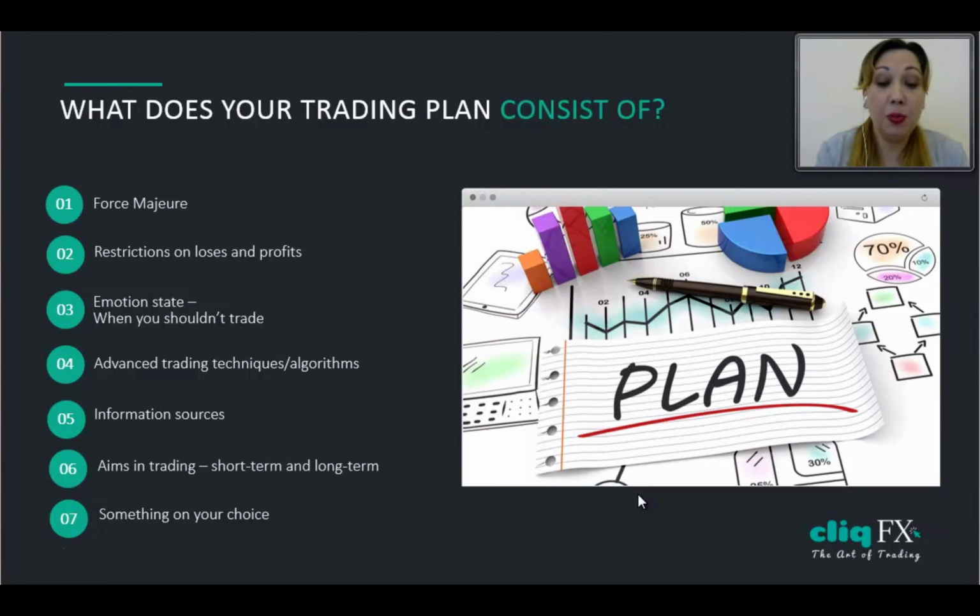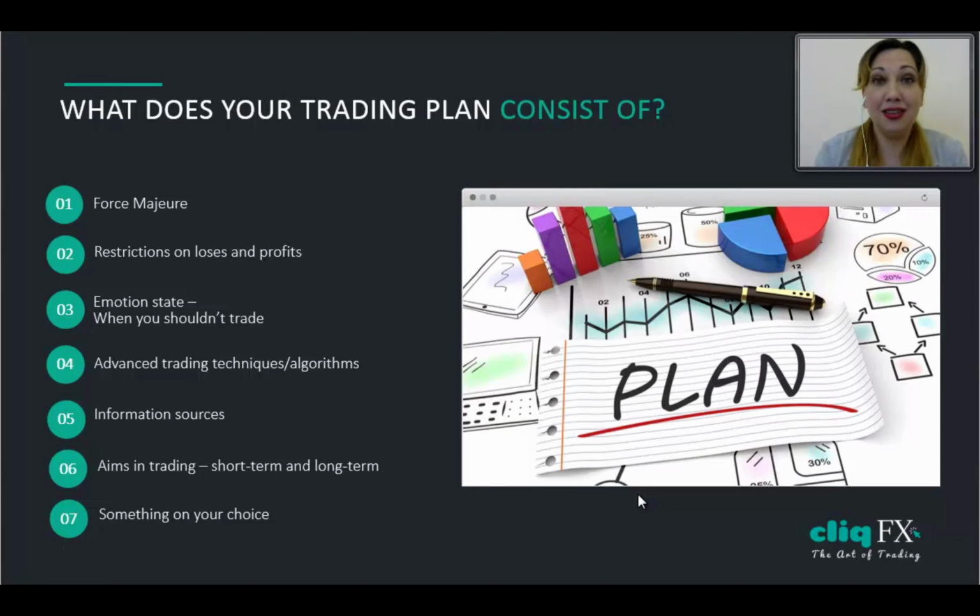We will show you the most important parameters that you need to include in your trading plan, and they are divided by categories with examples, but remember, these are just examples. So you will need to create your own points of the trading plan based on your trading strategy, your risk management, overall level of risk, and your preferences.